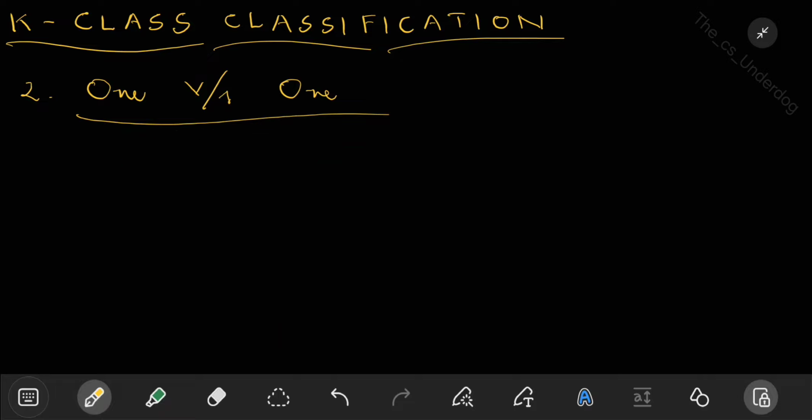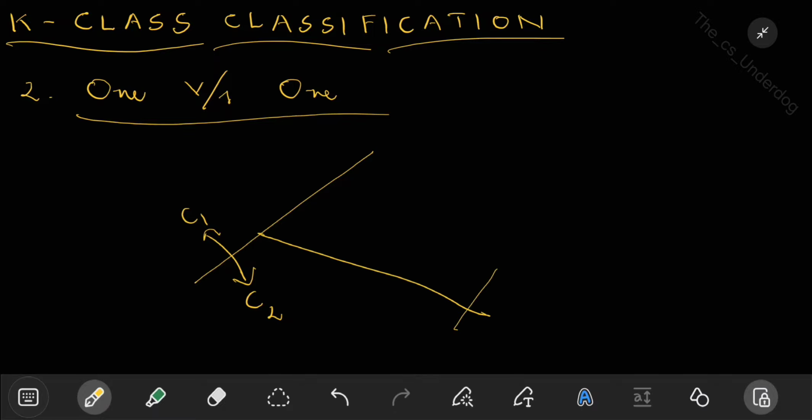How can it occur? Let us say there is this decision boundary which says whether it is class C1 or class C2. Then maybe you have this decision boundary which says it is class C3 or class C2. Similarly, you may have this decision boundary which would say class C1 or class C3.